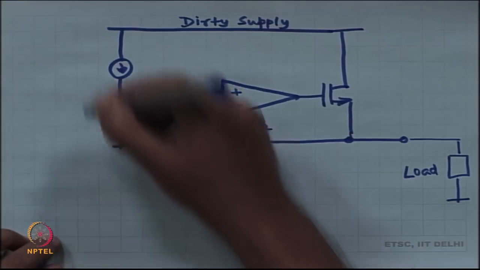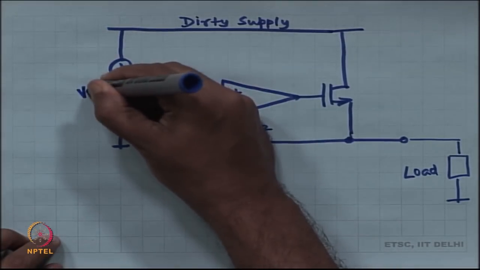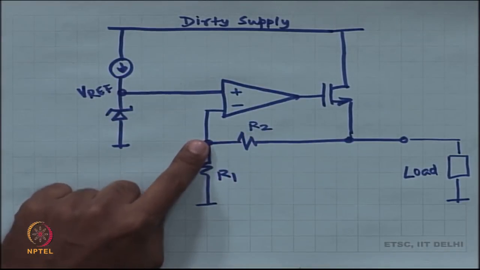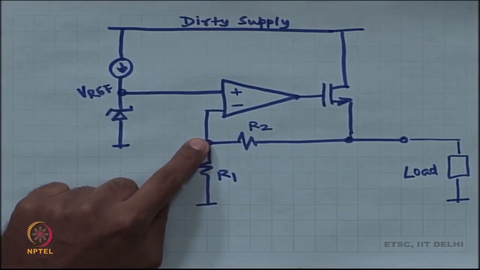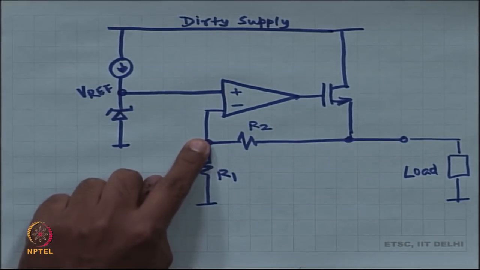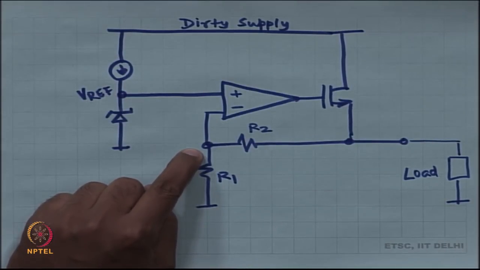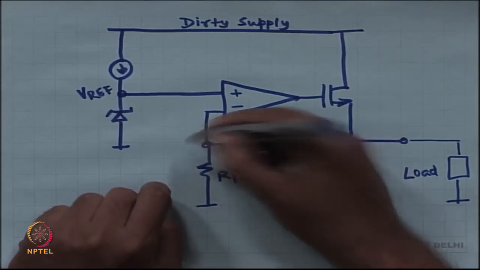If you call this Vref, then the op amp will make sure that the fed back voltage, the voltage at the minus terminal, is also Vref, as long as there is negative feedback around the op amp.